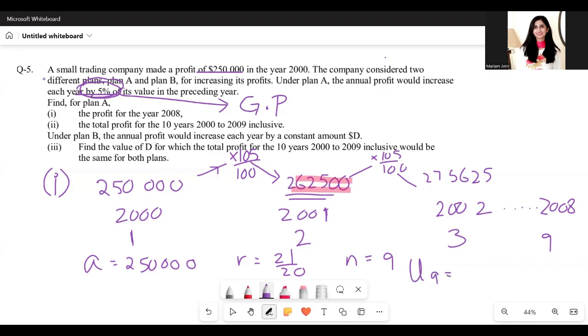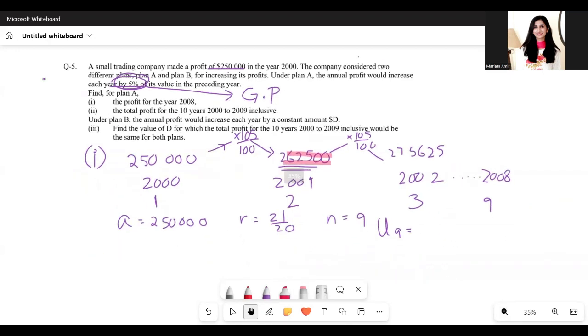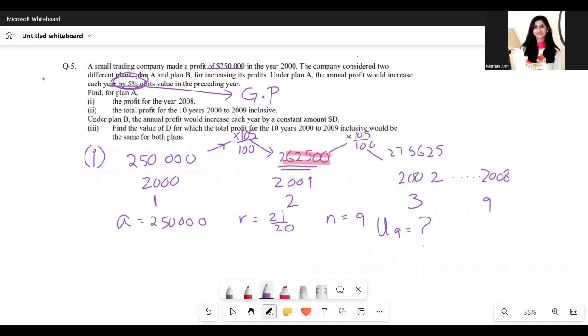U9 would be, I'm using the formula first of Un, it is A R power N minus 1. So now substitute the values: 250,000, R would be 21 over 20, power N minus 1 would be 8 because it's 9 minus 1.